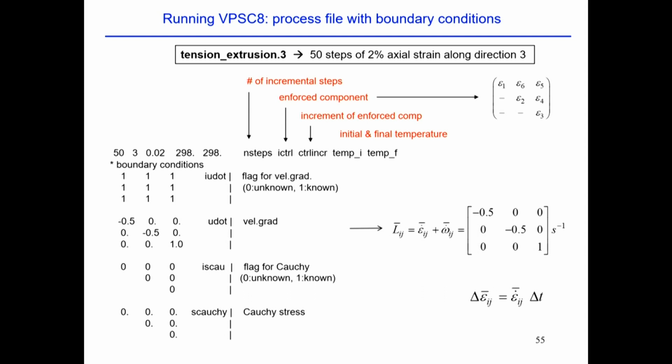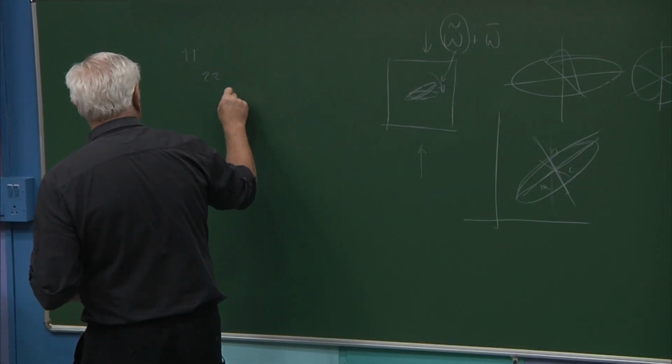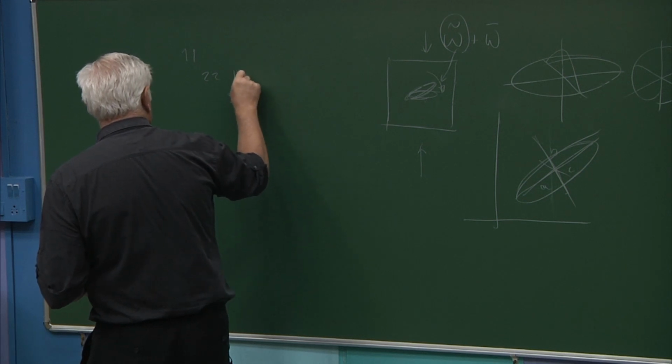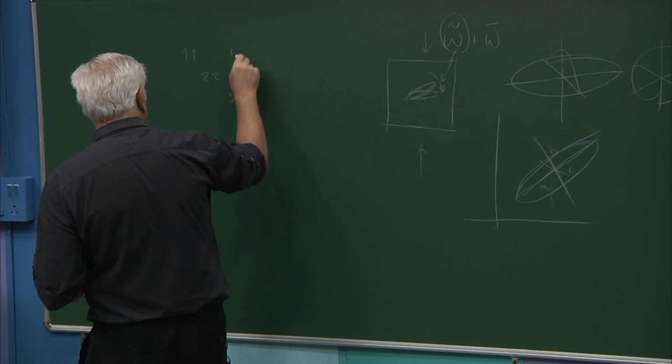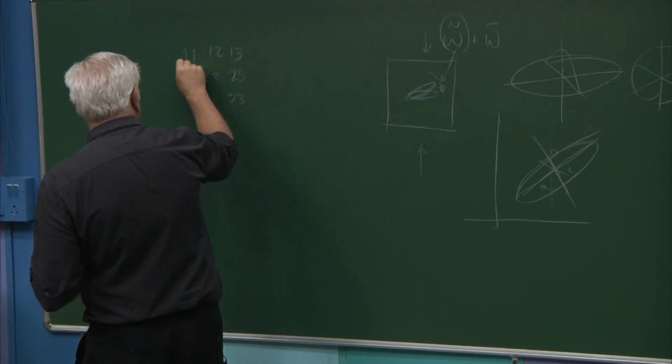The process file looks something like this. The first number is the number of steps that you are going to run. The second number is the control direction. That is the strain component that you are going to control, which is component 3, and here we use the Voigt convention, where you have 11, 22, 33, 23, 13, 12.